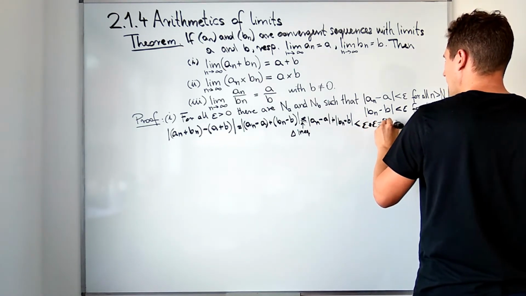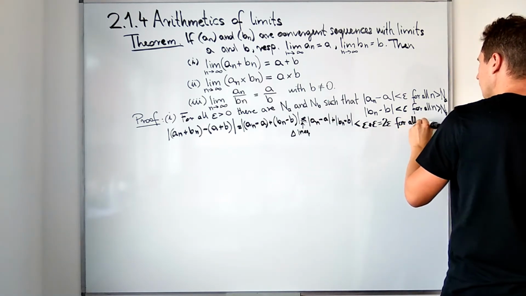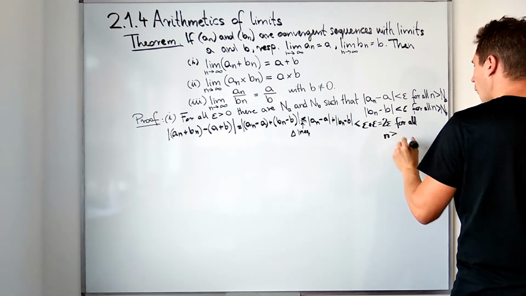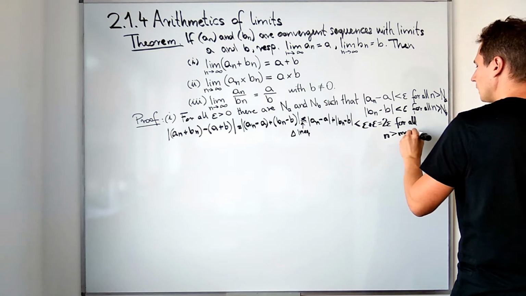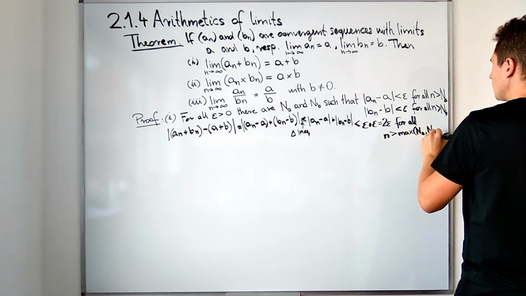So it's less than 2 epsilon, and this happens if we have little n greater than both capital NA and capital NB. So the way to write it is that n is bigger than the maximum of these two numbers.